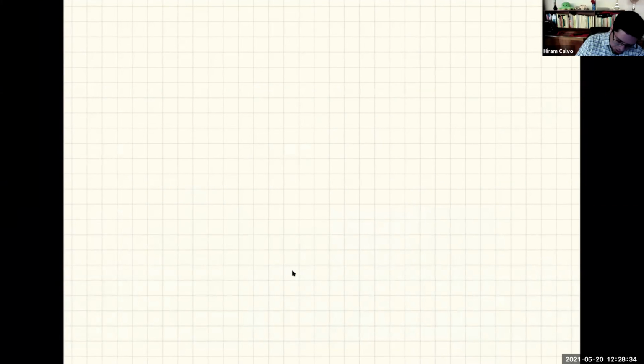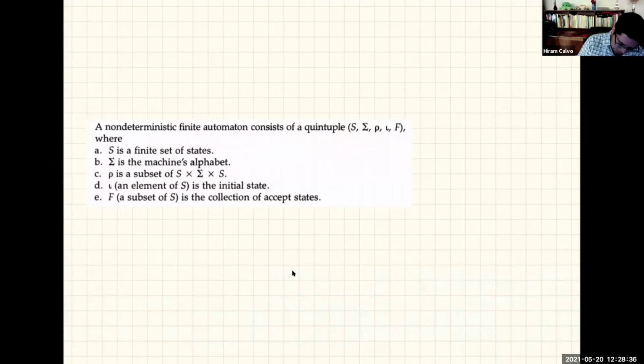So this is the definition for a non-deterministic finite automaton. We are talking about NFA. And let's compare this definition with a deterministic finite automata.